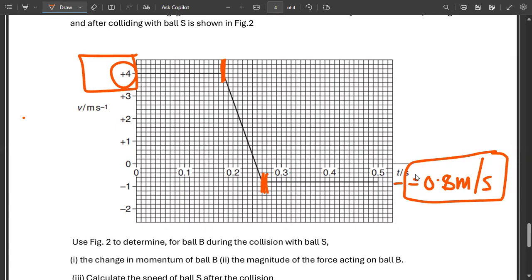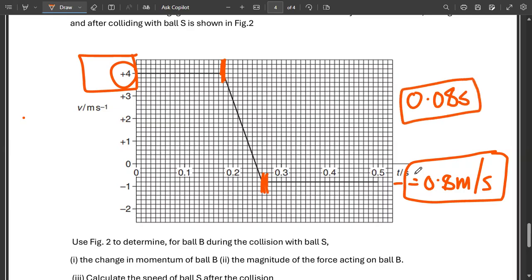We are also supposed to deduce from this graph the time in which the two balls were in contact. So from here up to there, using the scale to which this graph was drawn, the time is 0.08 seconds.